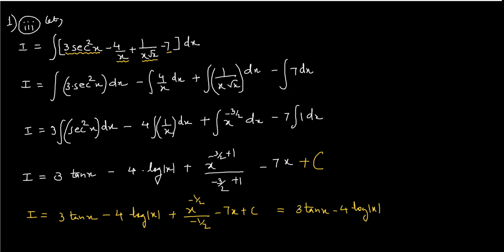This 2 will go up, so negative 2 upon root x, x raised to negative half will be down, x raised to positive half. So minus 2 upon root x minus 7x plus c. This is my final answer. I hope it's clear to you all, students.